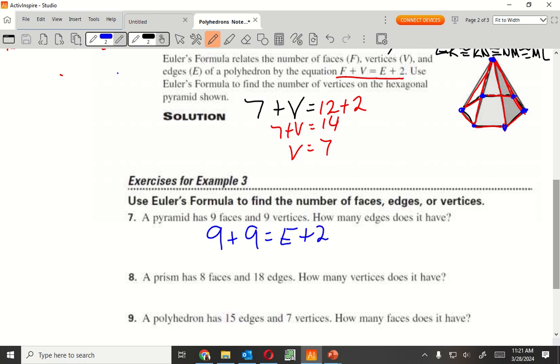I just plug into my formula. Do the math. I get 18 equals E plus 2. What am I going to do to get my E by itself? Subtract 2 from both sides. So how many edges? 16 edges. Does that make sense? Just plug in and we can find whatever's missing.